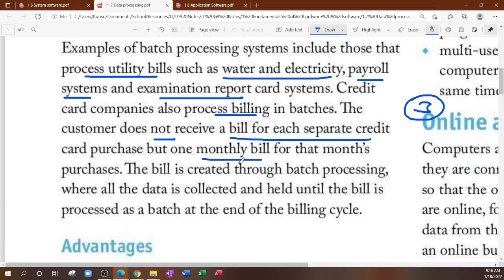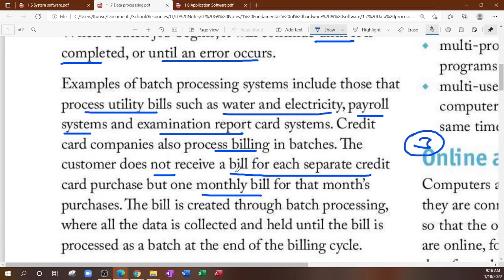So we have this example here of a billing system, a credit card system. Normally, a person who makes a purchase does not get a bill for every purchase. They make a purchase on Tuesday, another on Friday, another on Sunday, and then a couple other days next week. They don't get a bill for each day.